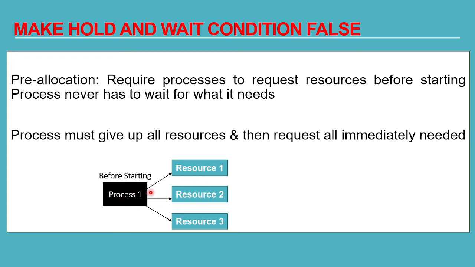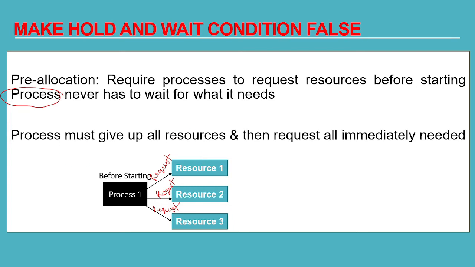Suppose it needs resource 1, resource 2, resource 3. Before starting its execution, it has to request these resources in advance and tell the operating system to give it these resources. So the process will never wait for any resource, because before starting it has already requested and got all the resources which it needs.